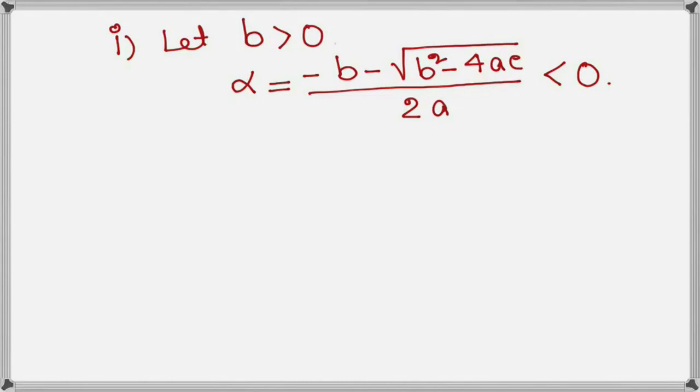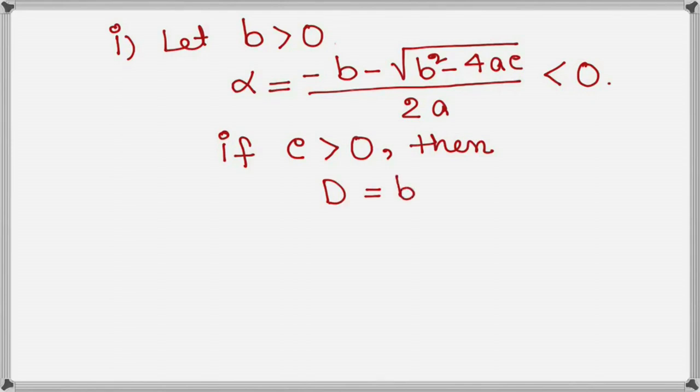Now if c is also strictly bigger than 0, then d, which is b square minus 4ac, is strictly less than b square.